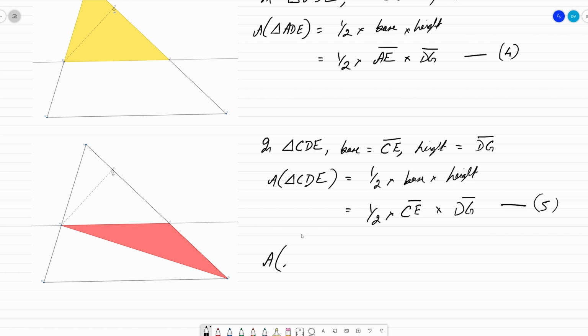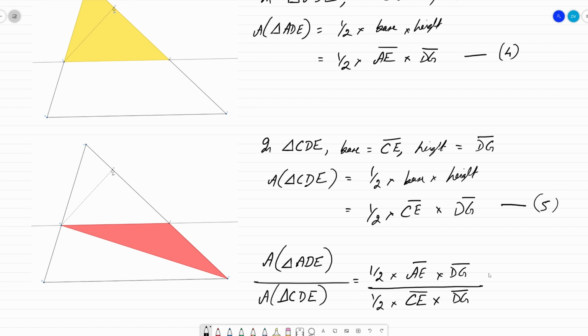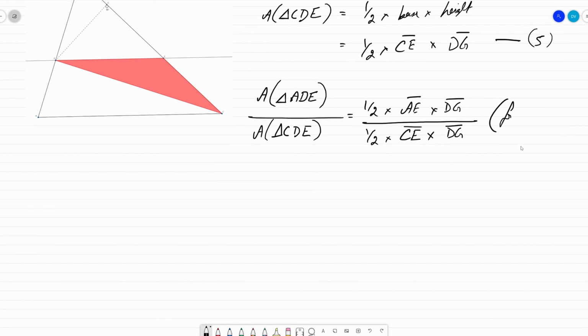So I'm having the ratio of areas, which is equal to, from 4 and 5, AE upon CE. Now this is my finding number 6.